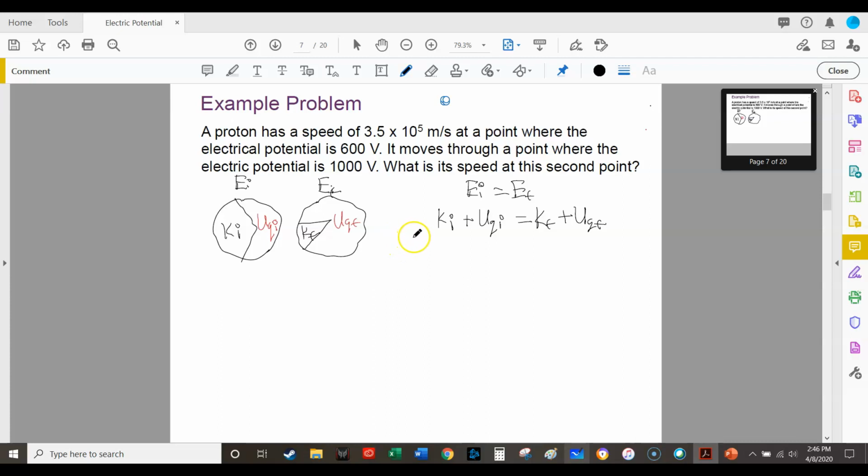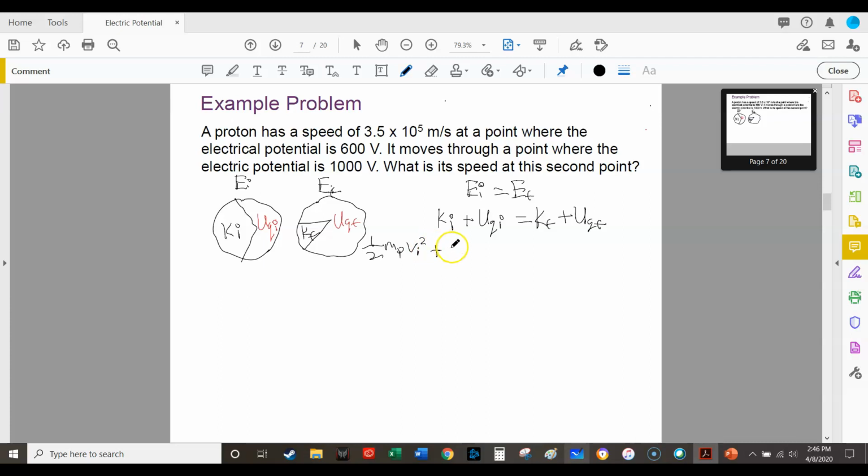Now, this proton has the mass of a proton, so it's 1/2 mass of the proton times its initial velocity squared. And I don't think I'm going to have enough room, so I'm going to bring that all the way over here. So 1/2 mass of a proton times the initial velocity squared. Remember, it's probably going to be a larger number, but again, this is subjective. I may be wrong. The math will work it out.